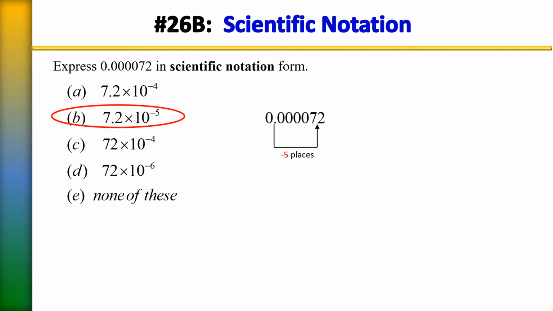So we need to count how many places do I need to move to get there. So 1, 2, 3, 4, 5 would put me between the 7 and the 2. So the decimal point is moved 5 places. And again, since the original number is less than 1, we use -5 for the exponent of the 10 base. And so that is why the answer choice is B.